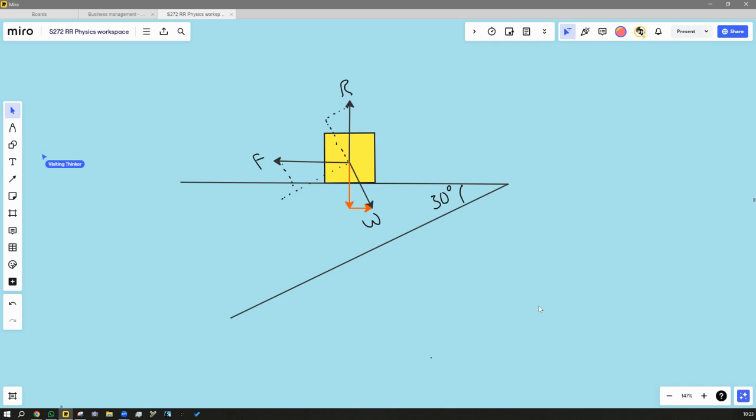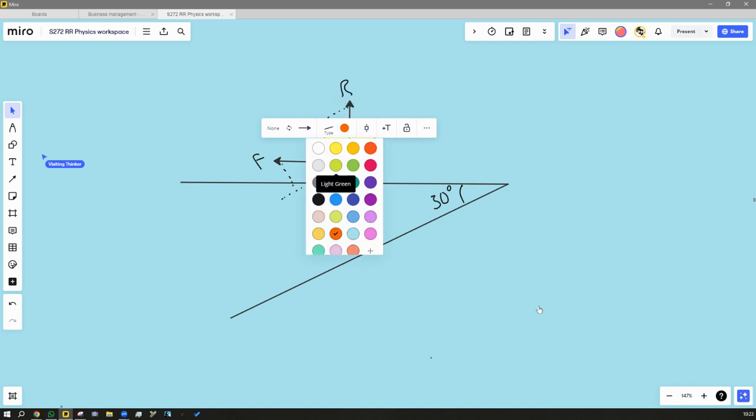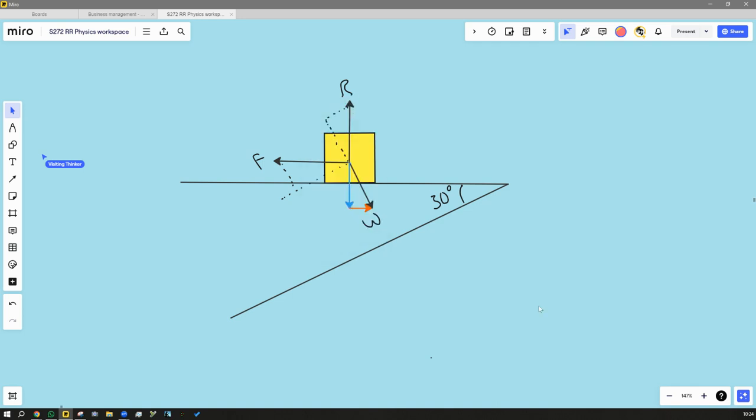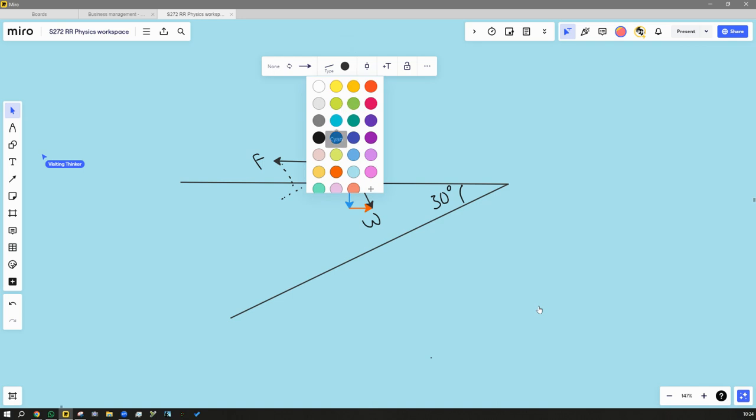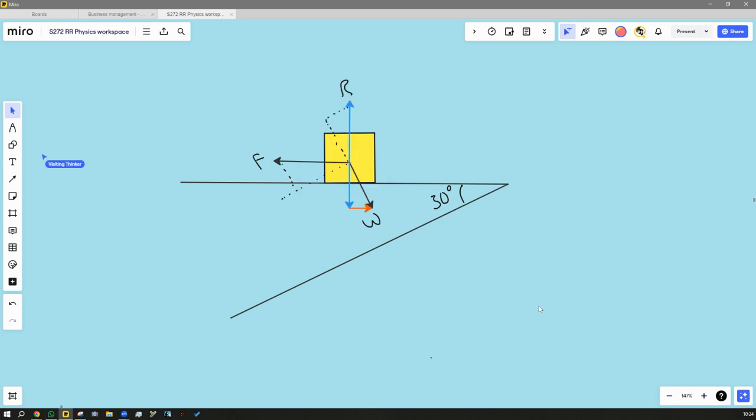So let's color code these, and we'll color code that one as well. If we're saying, for example, in this situation, that the box is in equilibrium, and maybe we have been given some values and we've got to work out some other values, then this component of the weight must be equal to the reaction force there.